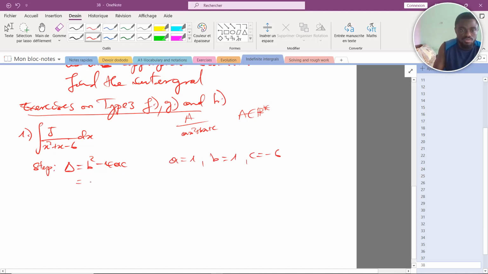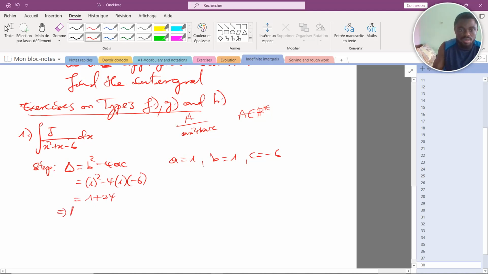So this will be equal to 1 squared minus 4 times a, our a is 1, times c, minus 6. This will be equal to what? 1, this 4 times this is 24, and minus this will become plus 24.